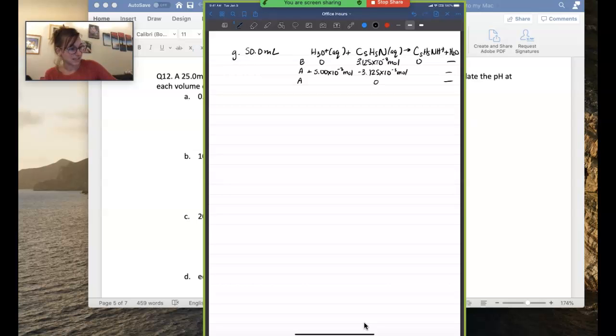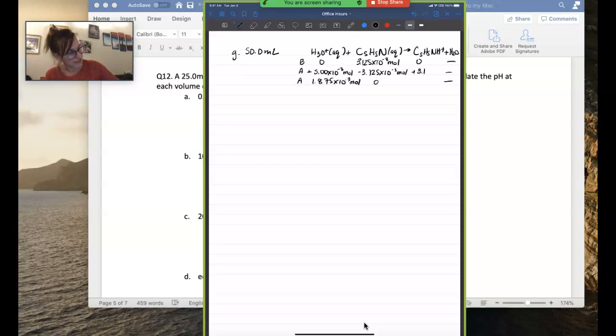It's completely neutralized after 3.125 times 10 to the negative third moles have reacted. So to find the excess, we would take 5 times 10 to the negative third moles and subtract 3.125 times 10 to the negative third, and you would end up with 1.875 times 10 to the negative third moles of that strong acid in solution after the addition.